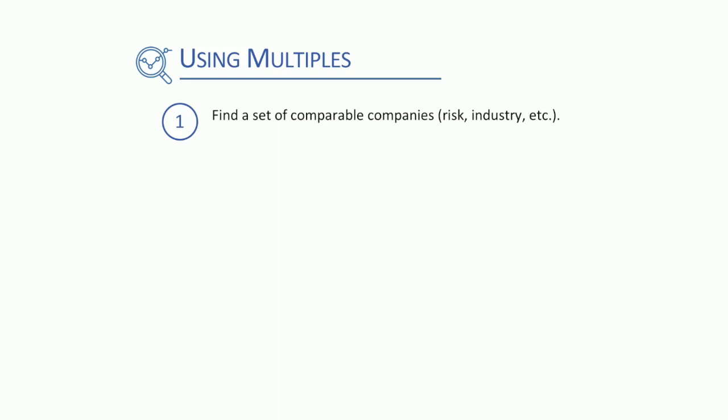Ideally also, I want to use firms that are of similar size and, if possible, of a similar age. It is sometimes not possible to find firms that are exactly in the same bin as I am in terms of the risk, the industry, the size, and the age, but I want to do my best to find as close a company as I can.